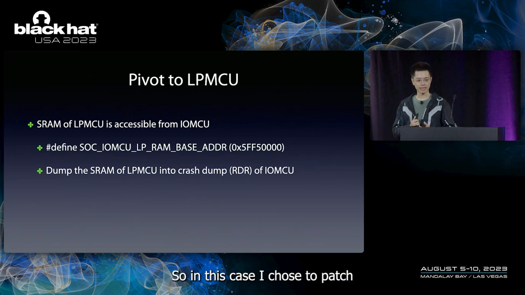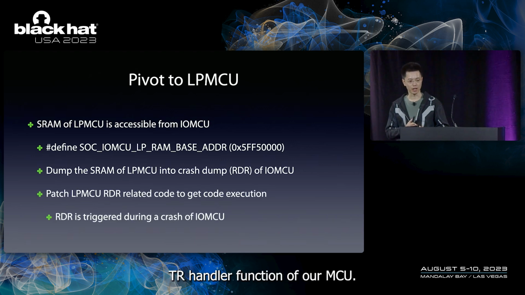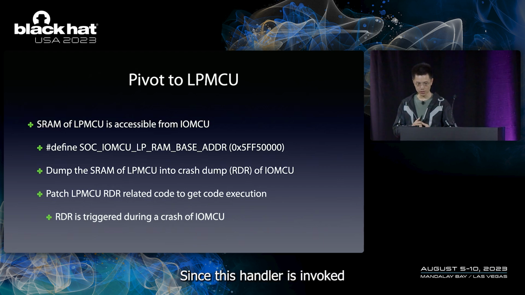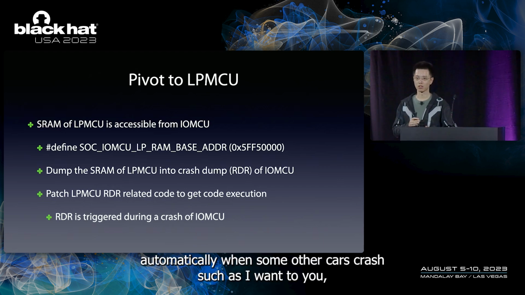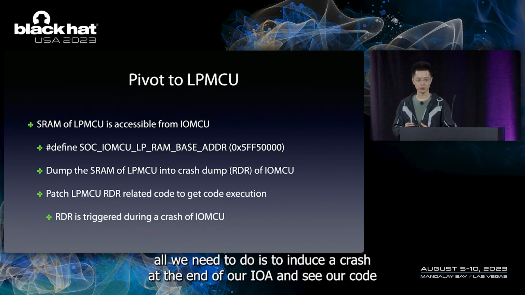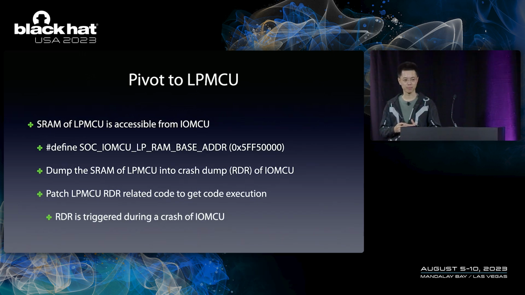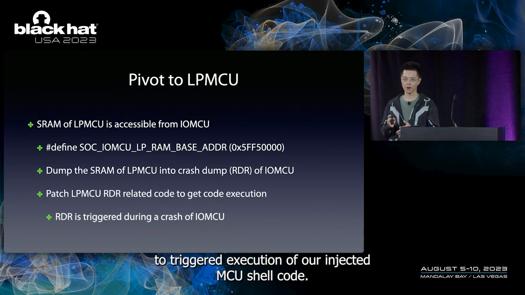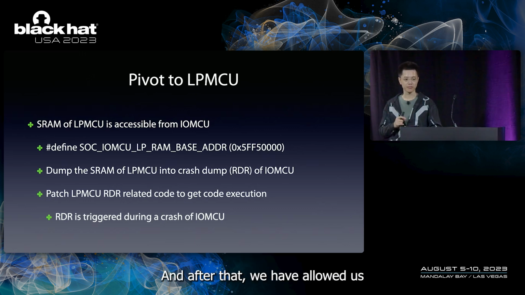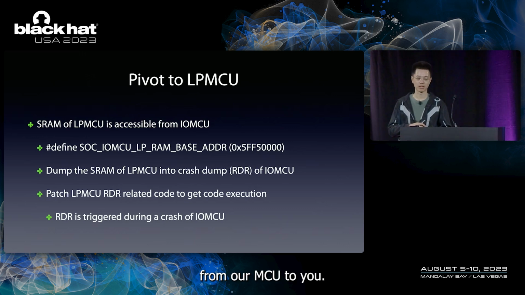So in this case, I chose to patch the RDR handler function of LPMCU. Since this handler is invoked automatically when some other cores crash, such as IOMCU, all we need to do is induce a crash at the end of our IOMCU shellcode to trigger the execution of our injected LPMCU shellcode. And after that, we have pivoted from IOMCU to LPMCU.